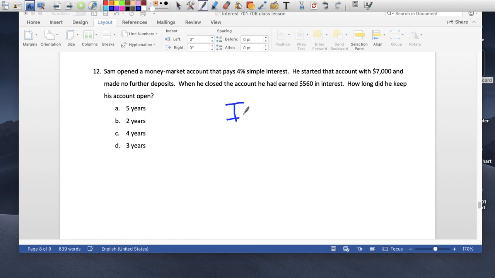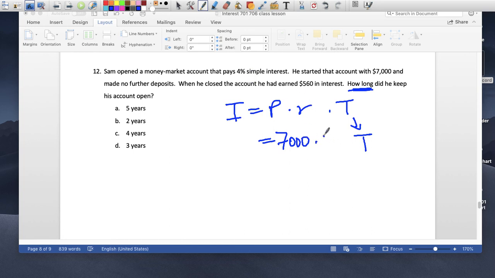So I equals P times R times T. Let's see what we can fill in. How long? It's the time. So T is our unknown. He deposits $7,000, so that's our principal. Do we know the interest rate?